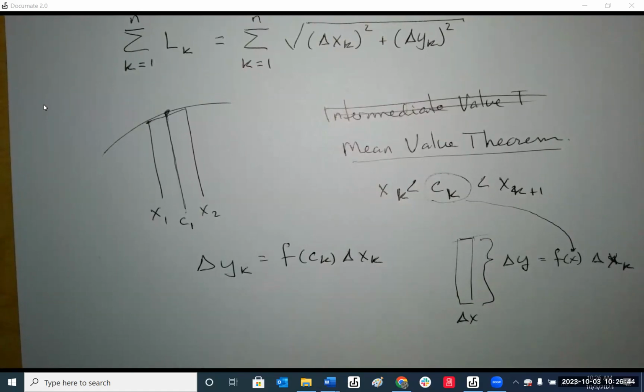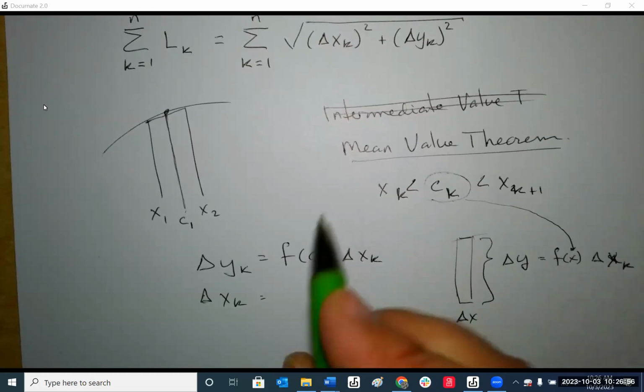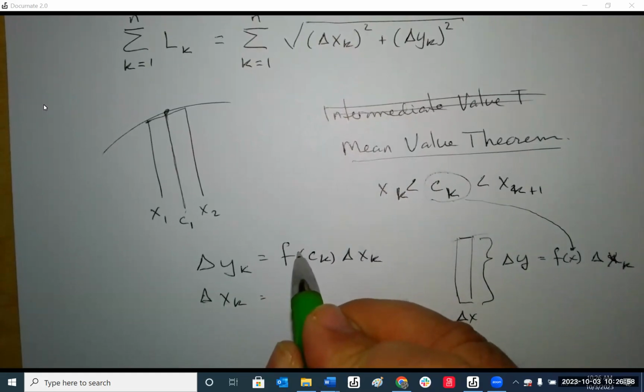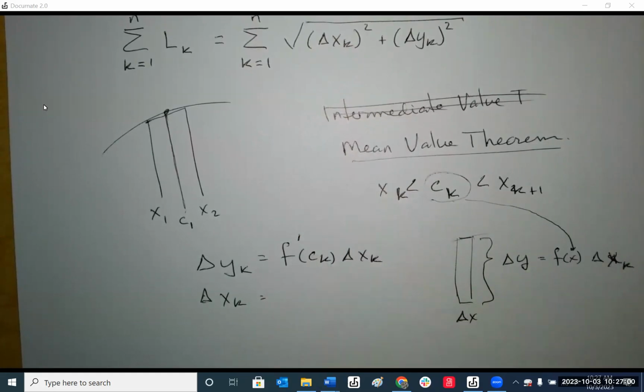Now we have the height, we have the width, multiply those together, and now we have the area of that curve. That's the derivative of it.